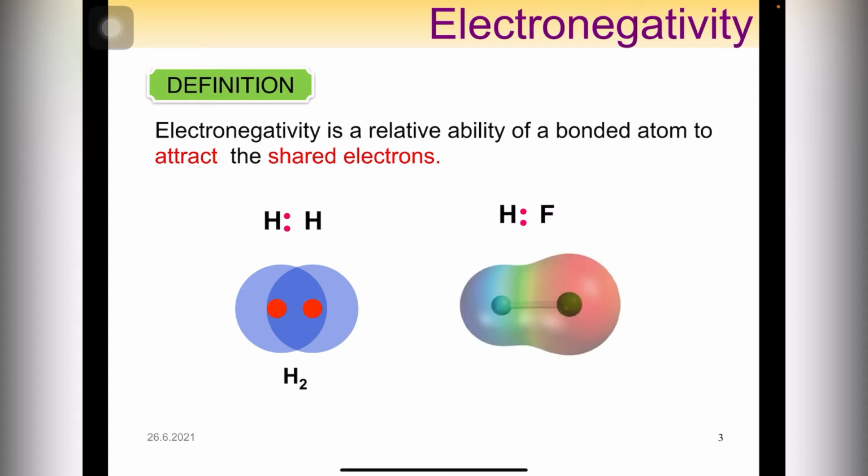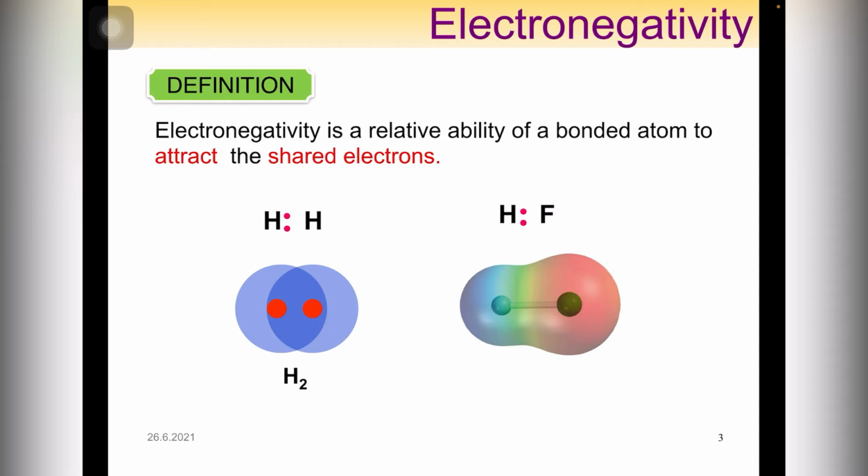But for hydrogen fluoride, we see that fluorine has more electrons compared to the hydrogen. So you can see that the shared electron will be more attracted to the fluorine because fluorine has more electrons.